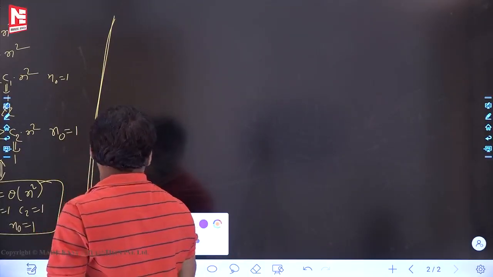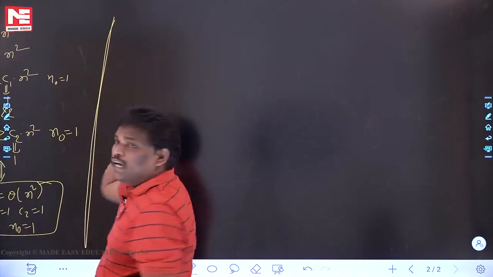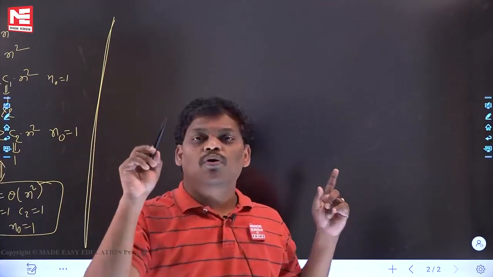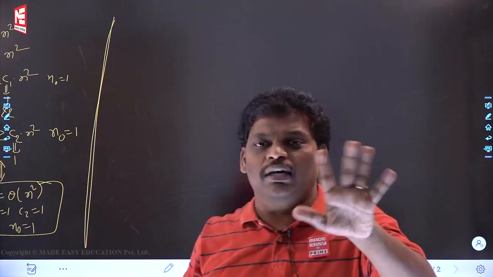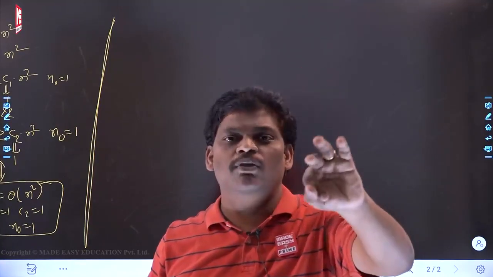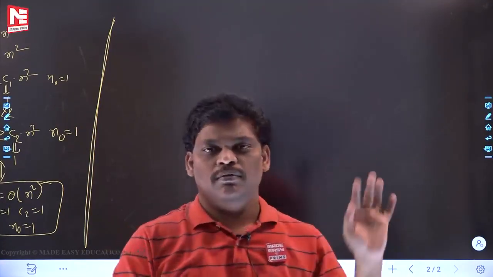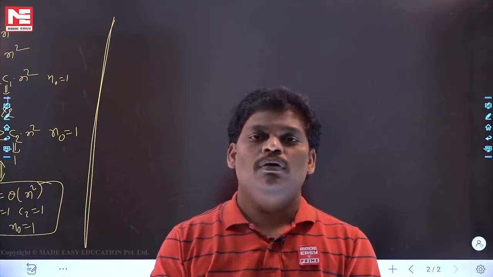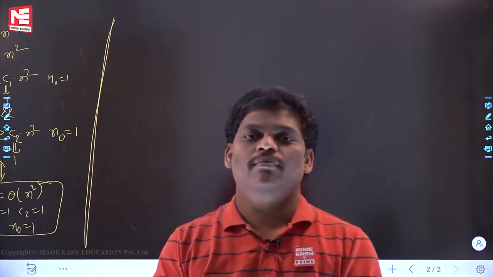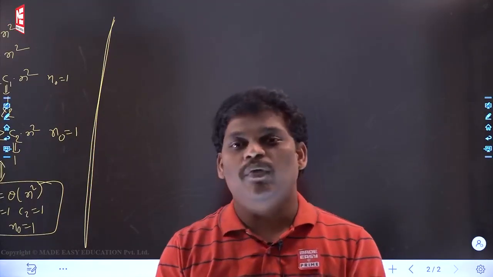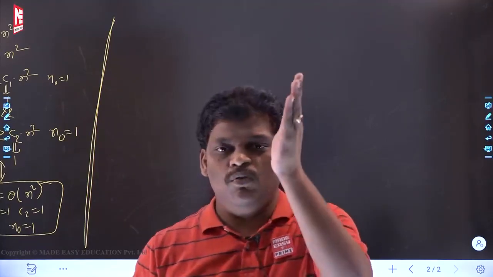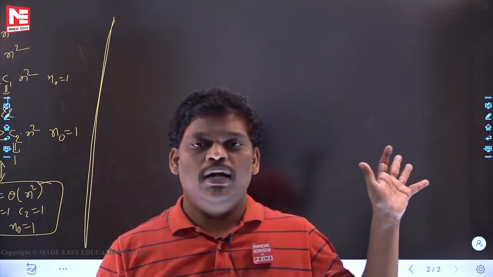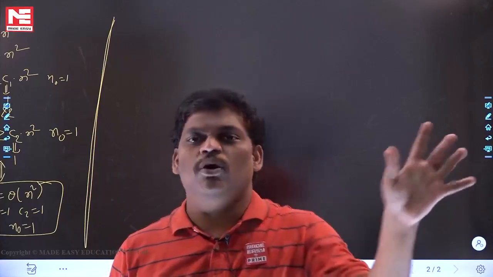Last example for theta, please take care of this also. And one more thing I want to say to you: big O, omega, theta. If you learn these 3 things, you got the algorithm subject. Your life will be settled if you get the algorithm subject very well. Study topic wise. Time complexity, one topic. Next one is going to be asymptotic notation, one topic.